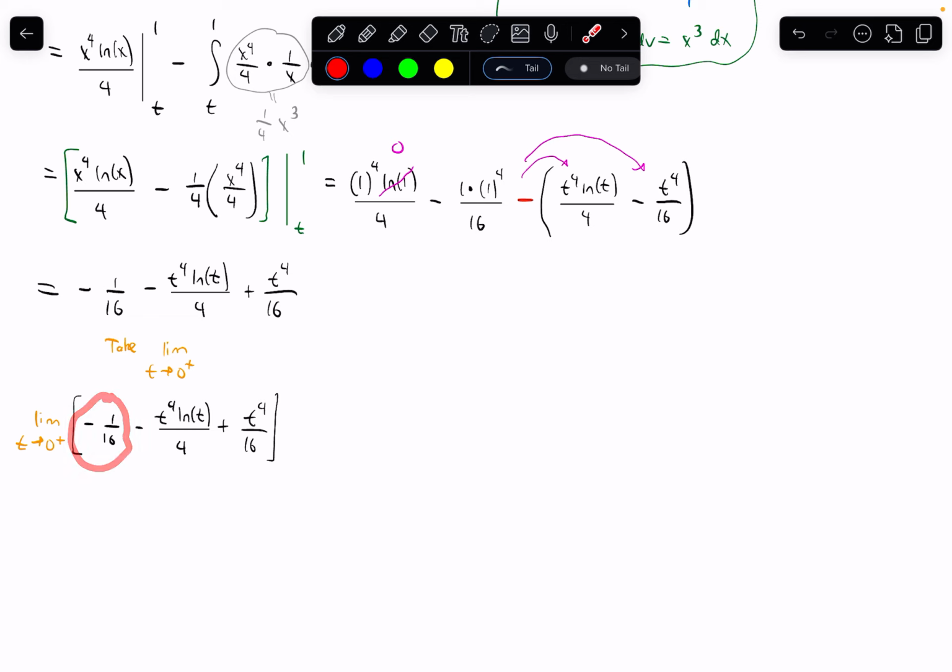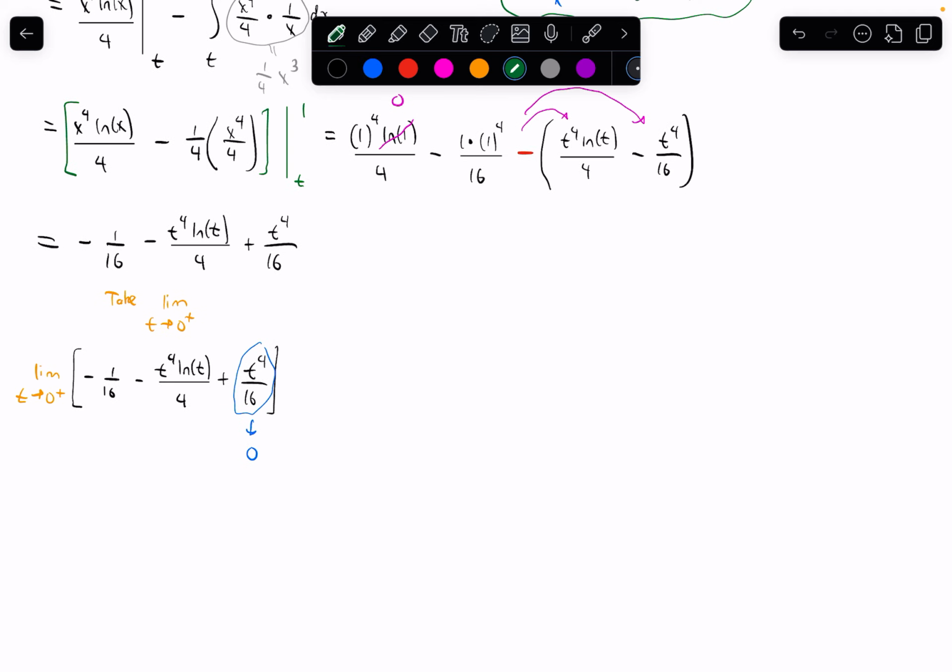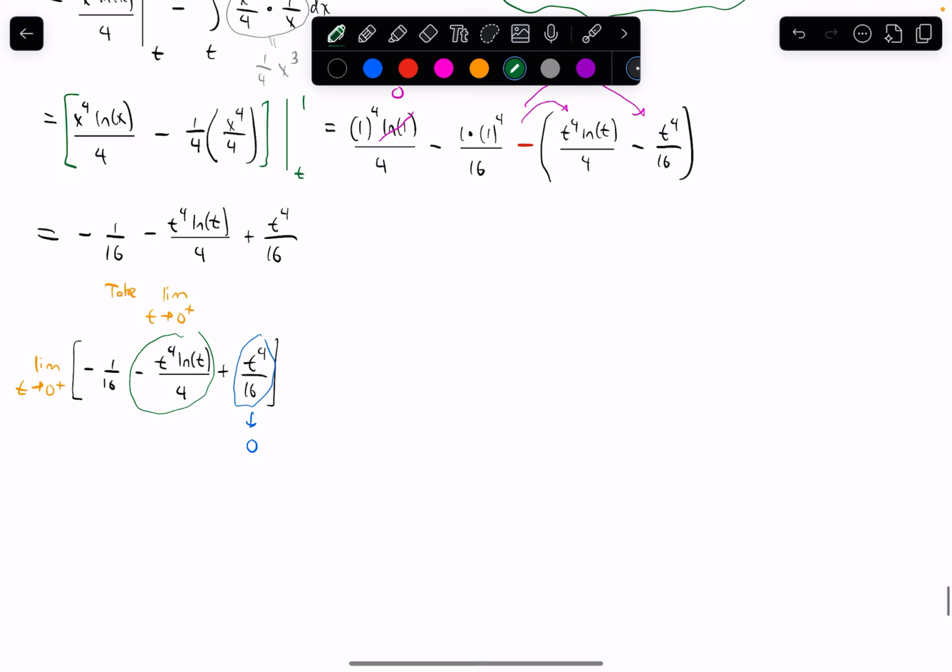So this constant, the minus 1 over 16 will just stay there. With this fraction at the end, this one I could just plug in. And if I plug in 0 for t, that part is just going to be 0. So that part I can handle. The trickiest part is this fraction in the middle.